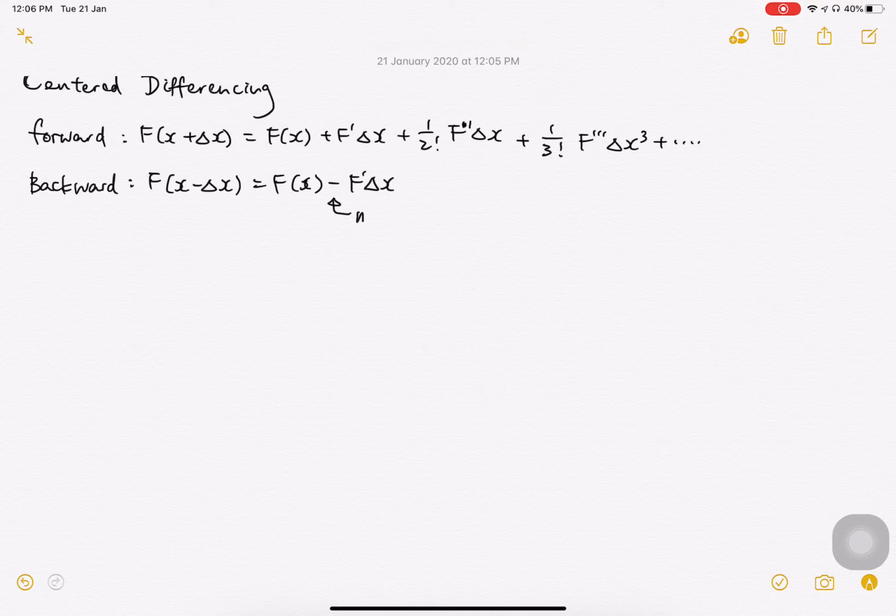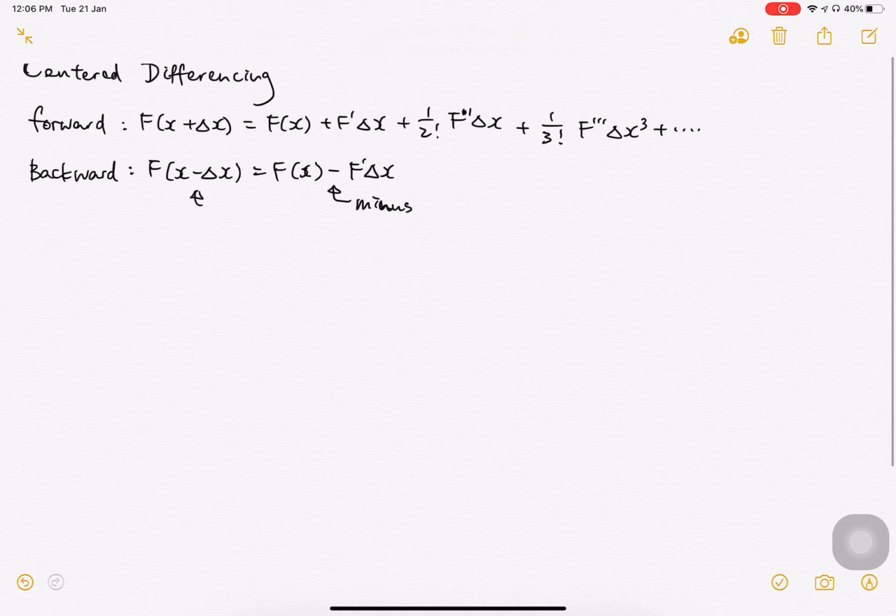We have a minus here because we have a minus here.